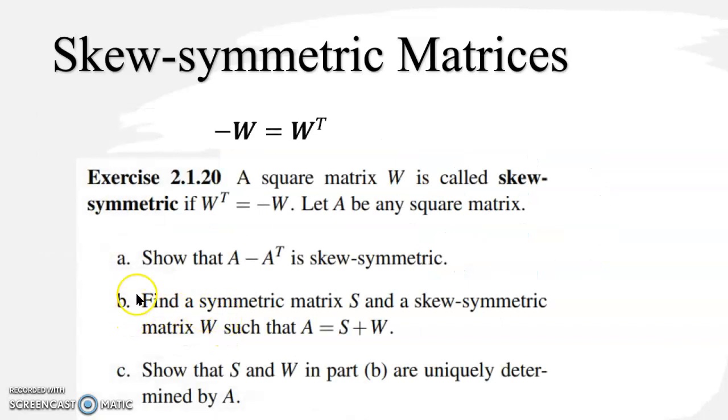I'm not going to worry about part A; I felt like I showed that. For B, you can take any matrix and divide it into two matrices, where one is symmetric and the other is skew-symmetric. I thought this was an awesome definition.